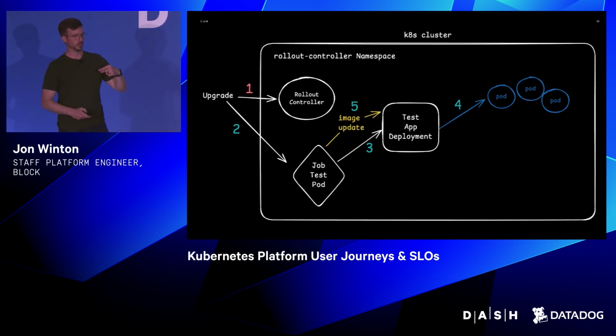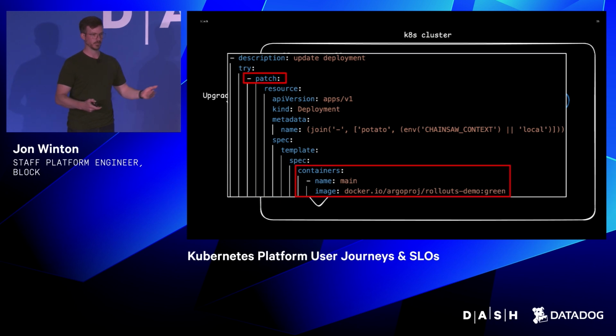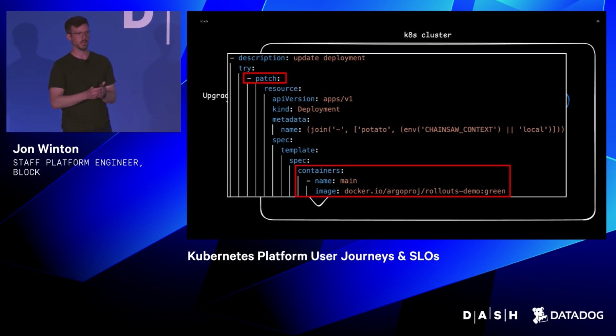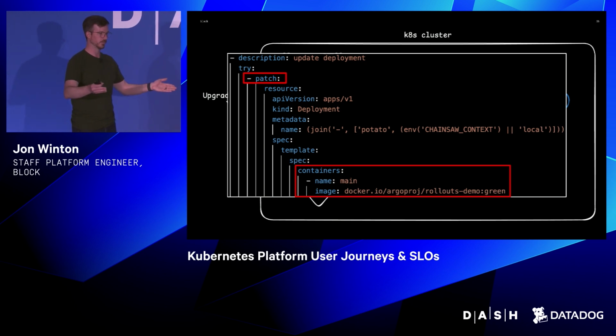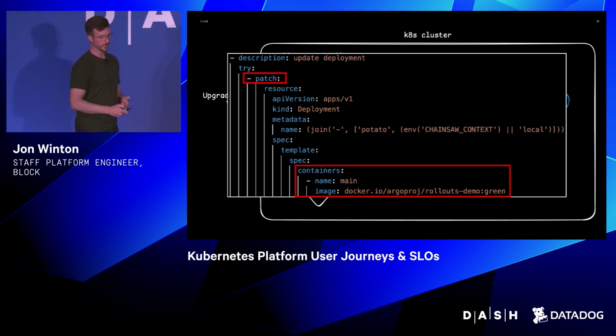Then, remember, we're going through a user flow, so we are going to update the image on that deployment. And Chainsaw is going to do that by patching. So we're going to just perform a patch against that deployment and replicate, oh, hey, we released some code. Anyone who's familiar with the Argo project might recognize some of the things that we're actually testing behind the scenes, and that's what's in the demo repo. But again, a kubectl patch.